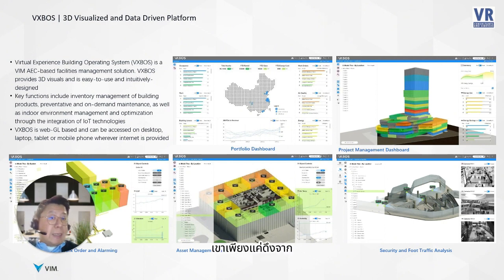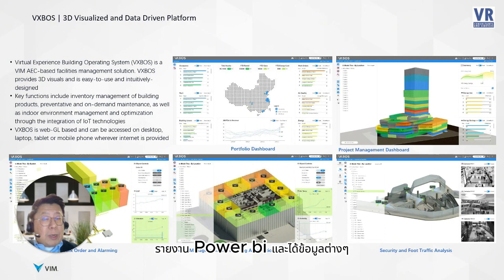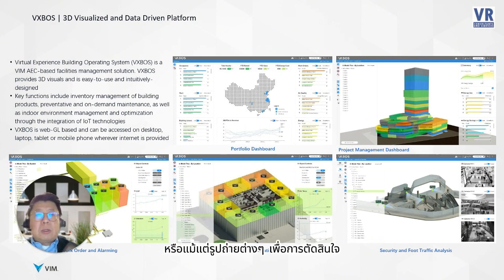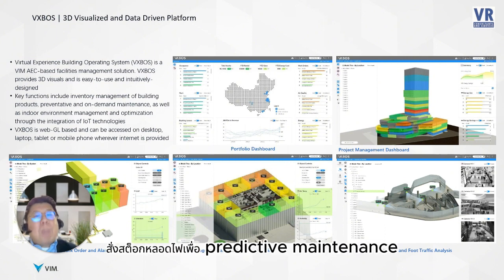Probably they can easily get through the Power BI report and get information about not only the 3D model, but also its related specifications, user manuals, or even photos, so that they can make decisions about when they should do bulk ordering for predictive maintenance.